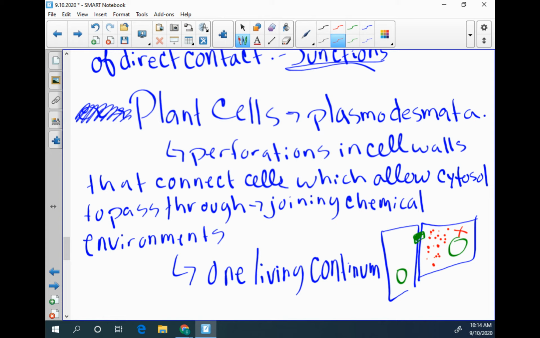That increased pH can leak into the other cell and allow that cell time to react before it reaches the same fate. So if this cell dies, this cell can be like, uh-oh, pH is rising, let's do something. Let's release those buffers and lower it back down. Any questions about plasmodesmata? Okay.